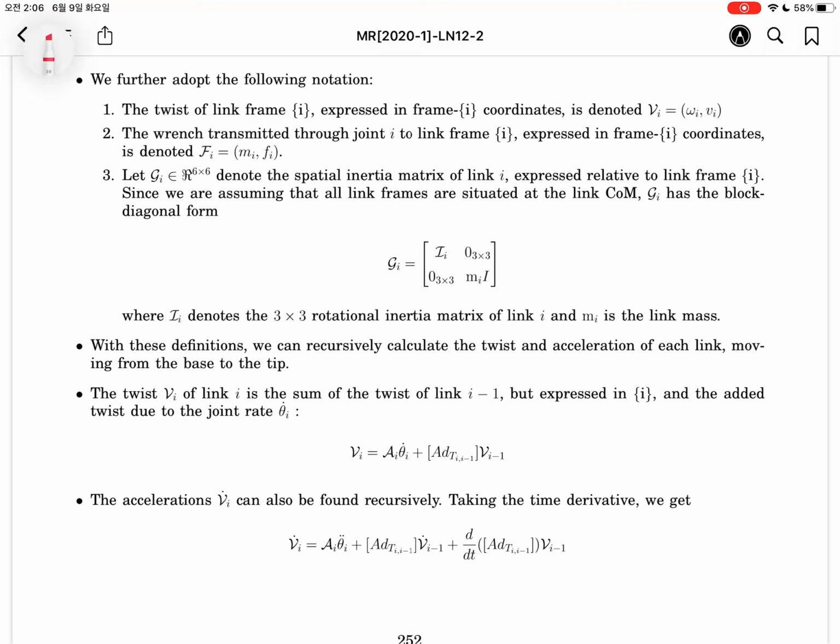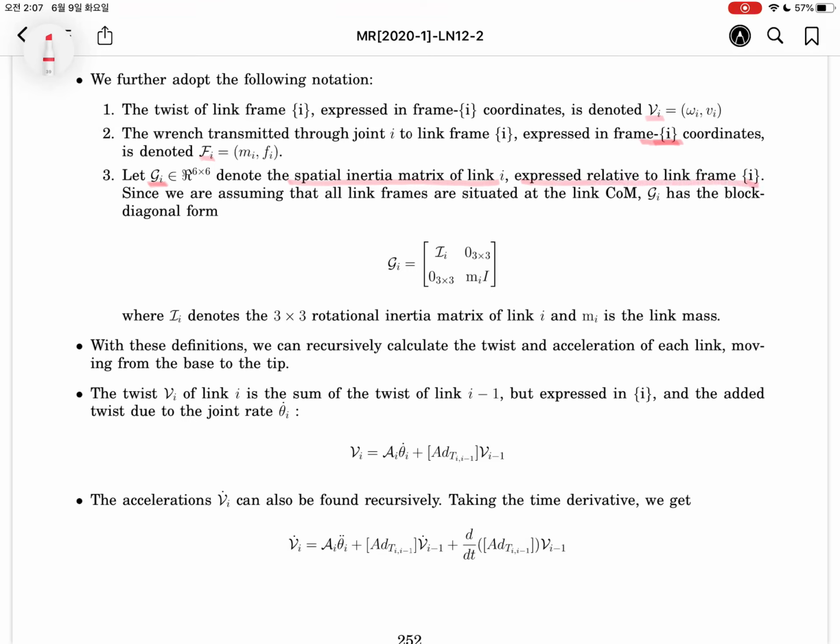From now on, every twist, every link quantity will be denoted in terms of the i frame by itself. So we are using the body frame all the time in this derivation. And G_i, maybe you know G_i. G_i is the spatial inertia matrix of link i expressed relative to the link frame i.